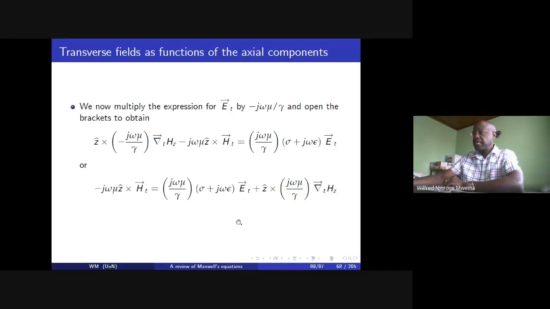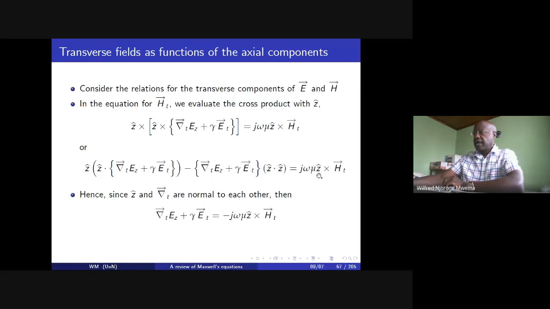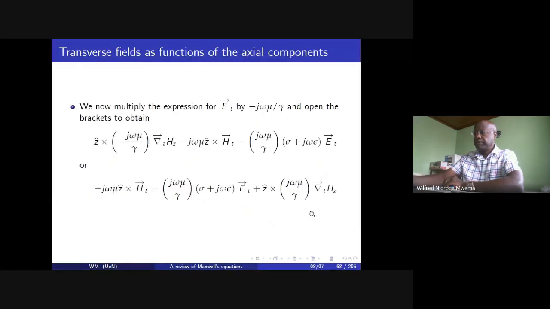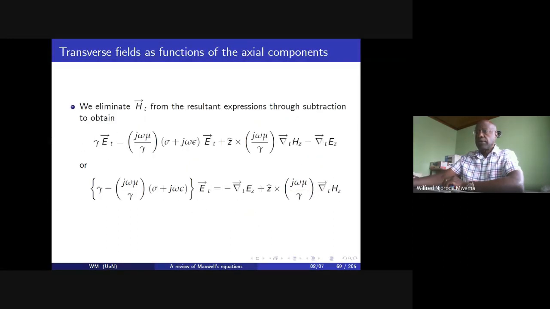And therefore, once we see this, we can always add it to this equation that we have here, or subtract from this equation, and we'll have everything coming out properly. So we can eliminate the transverse component of the magnetic field from the resultant expressions through subtraction to obtain that gamma of t, E of t is equal to that equation there.